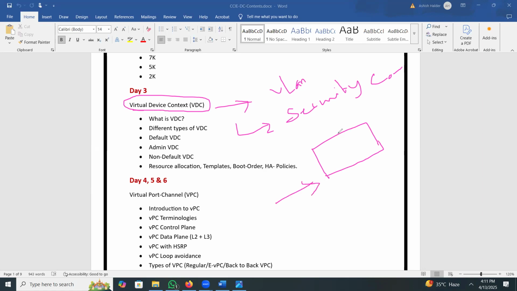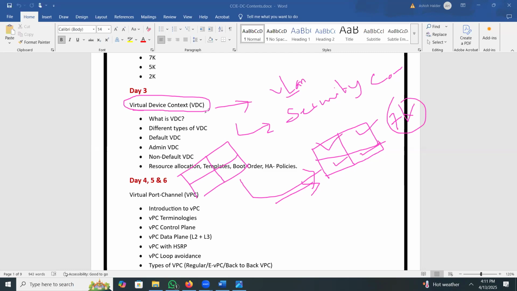But virtually we can divide it into 4 or more logical switches, and every one is treated as a separate switch. Same as VLAN, one switch can be divided into multiple broadcast domains. Normally the Cisco Nexus 7K switch can be configured with VDC, from a physical switch into logical switches. I will describe everything on it.